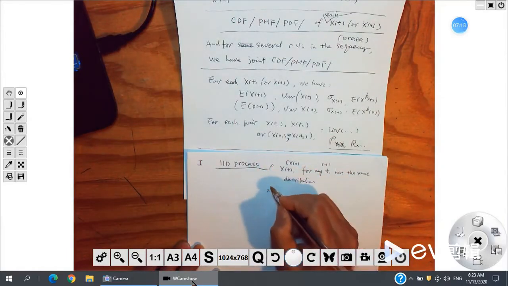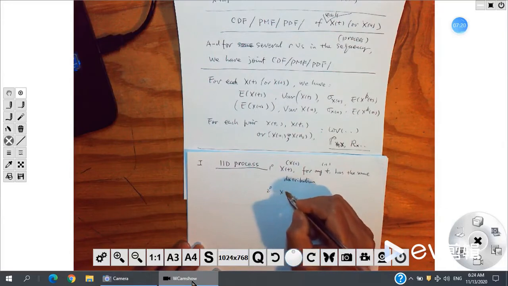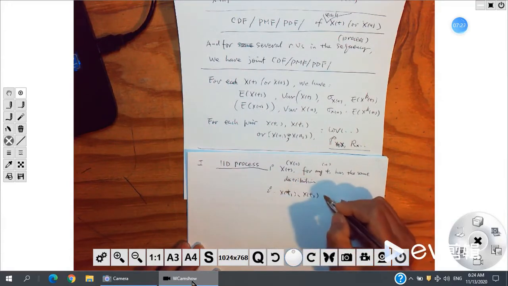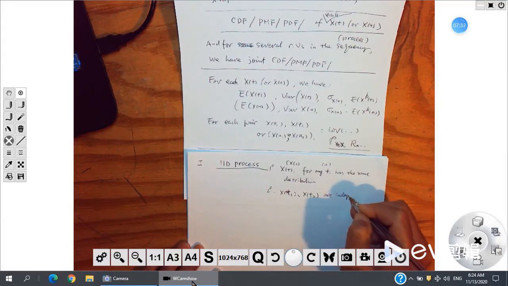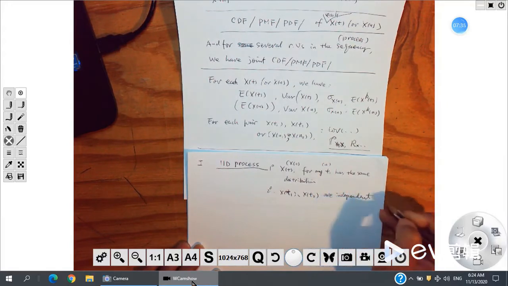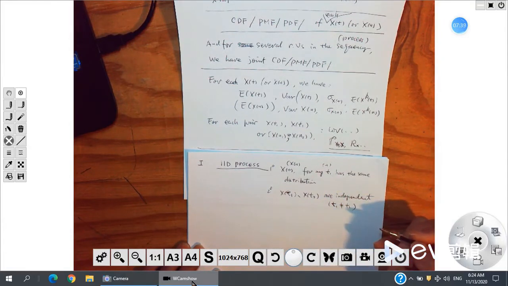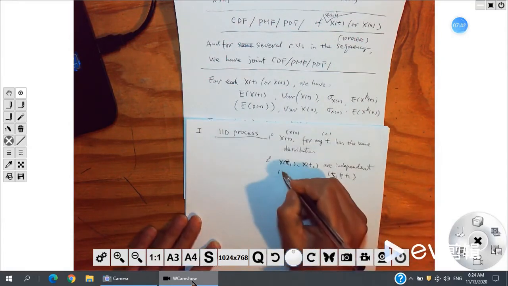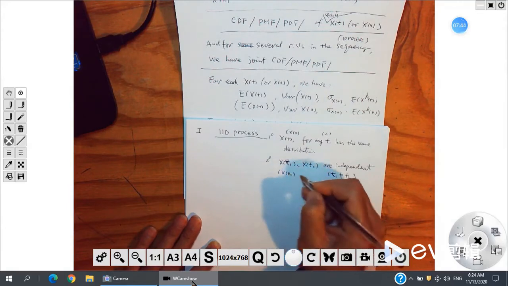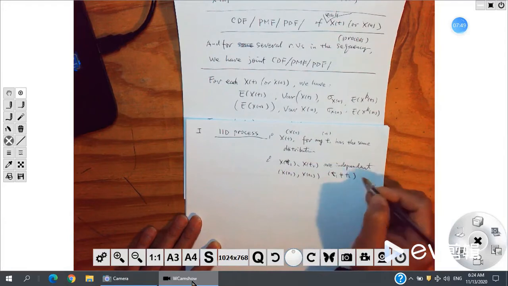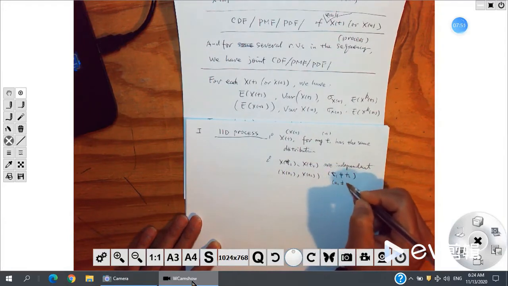The second is if x(t1) and x(t2), you have 2, they are independent if t1 does not equal t2. Or maybe you consider discrete time, then it's x(n1) and x(n2), if n1 does not equal n2, similar thing.